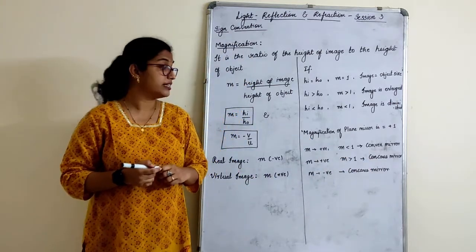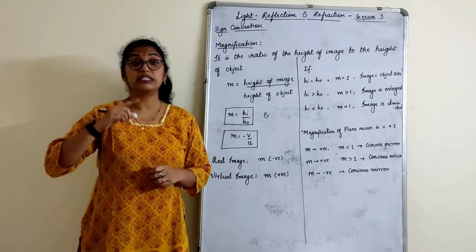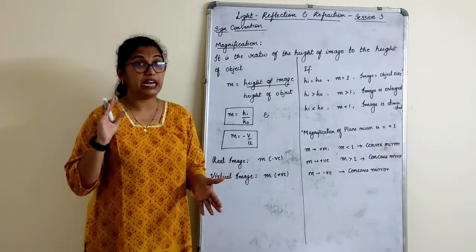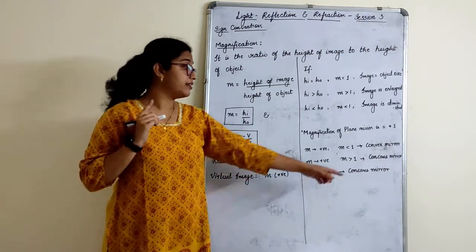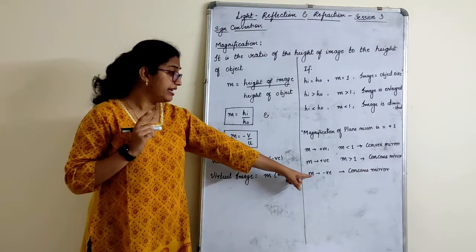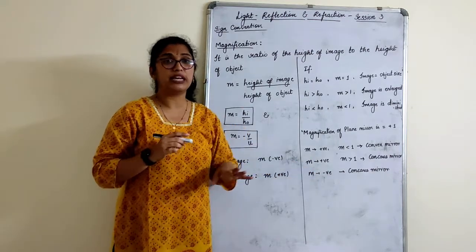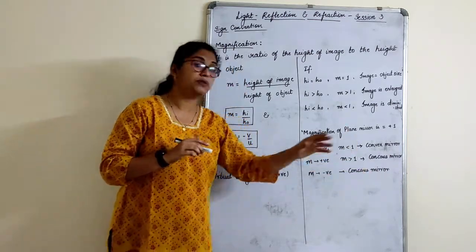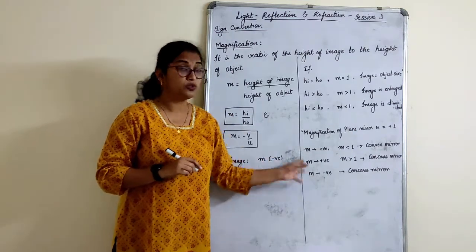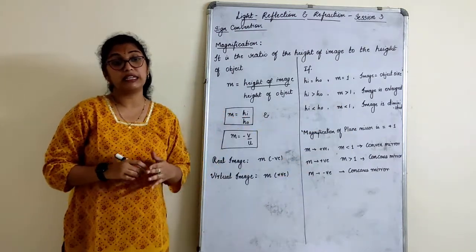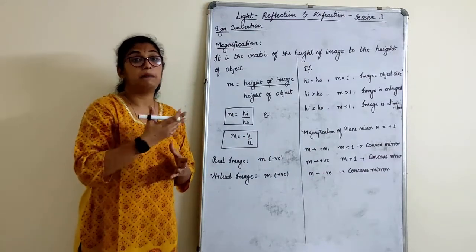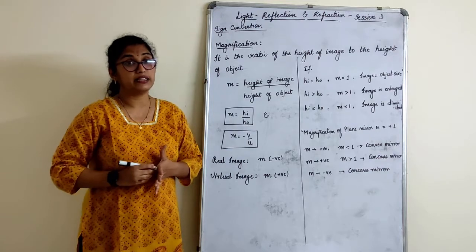It is enlarged. Remember, we get one image very much enlarged and greater than 1 in concave mirror. If it is positive, 2 conditions. If it is negative, only and only 1 condition, it has to be a concave mirror only, right? So that's what I told you. You will all come across these things in the numericals. You will have a clear picture there how to apply this, including the sign conventions.